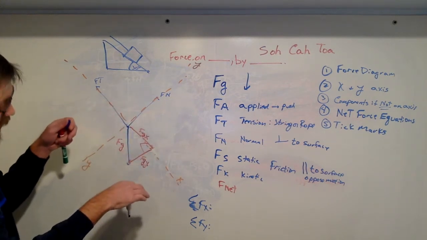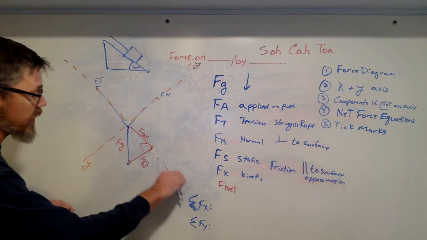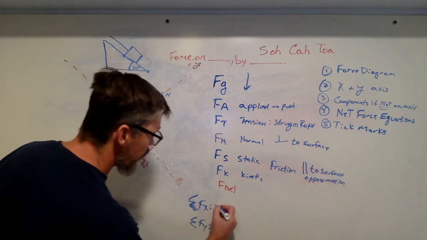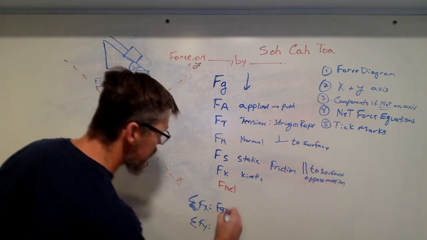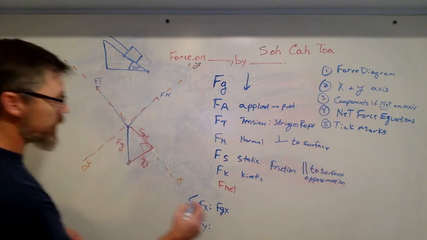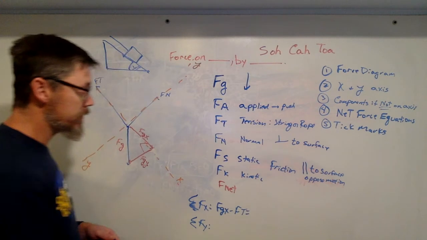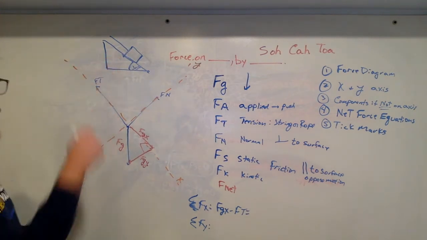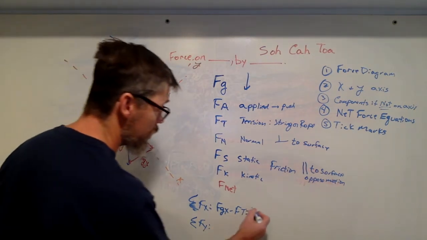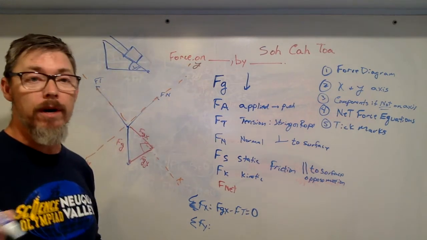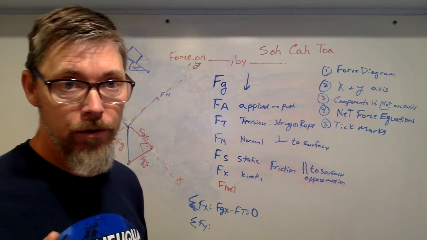Remember, you've got to kind of turn your head to get the idea. But Fgx is going along in that direction. Fgx minus Ft equals... is it accelerating? No, it's not moving. Equals 0.